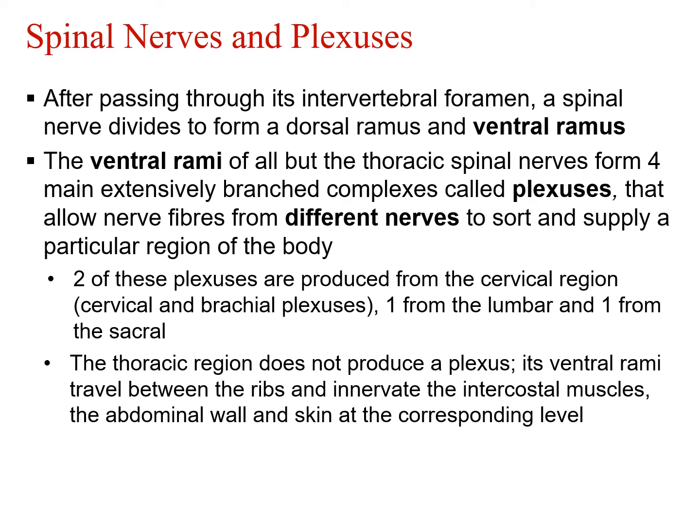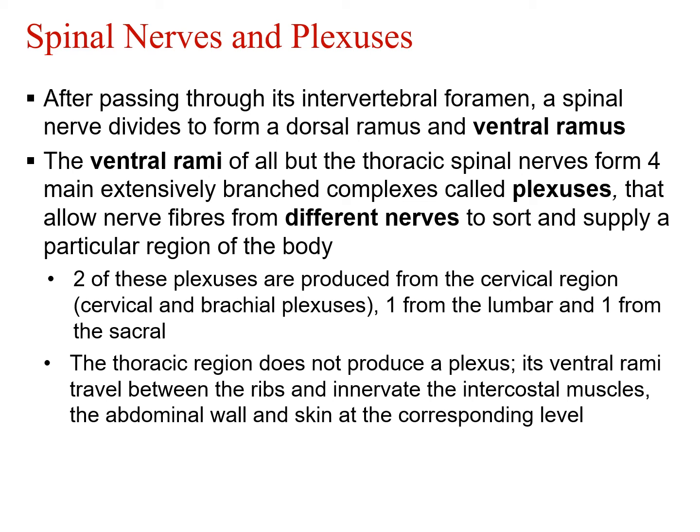The nerves exit the vertebral column through the intervertebral foramen, which are the spaces between the vertebral bones, and then the axons soon divide into two new bundles called rami. So one is called a dorsal ramus, whose axons will extend to the posterior aspects of the body, and the other are called ventral rami.